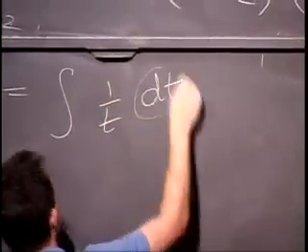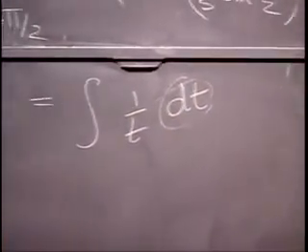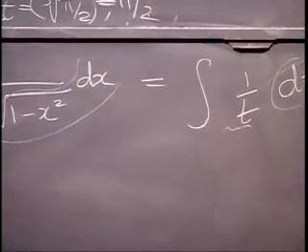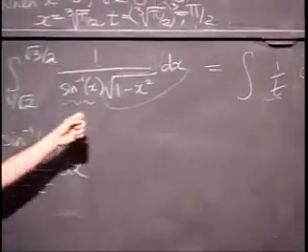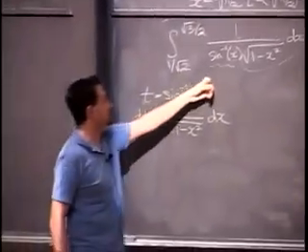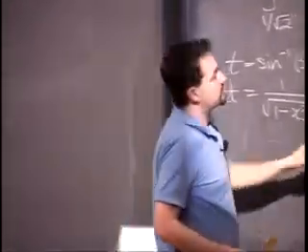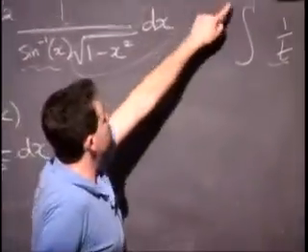And this is 1 over t. Actually, this is just a special case of that log result that I wrote over there before. In any case, though, it's not legitimate to write 1 over root 2 or root 3 over 2 there.